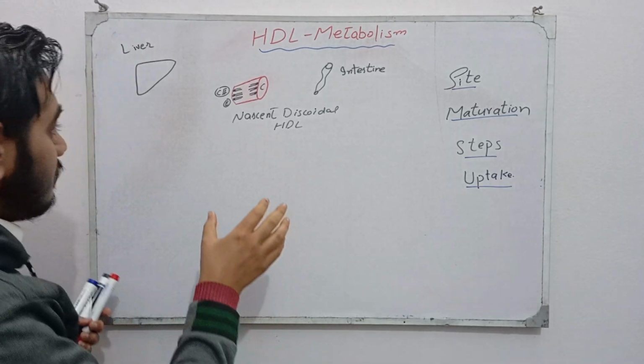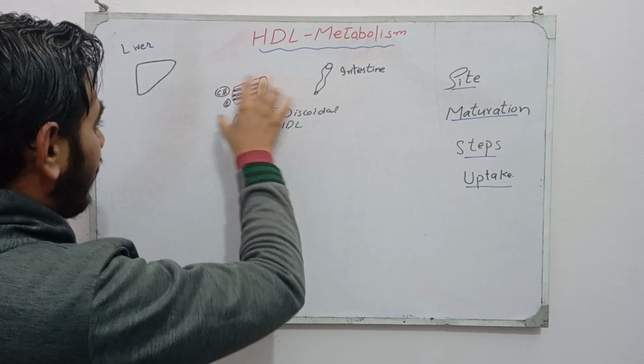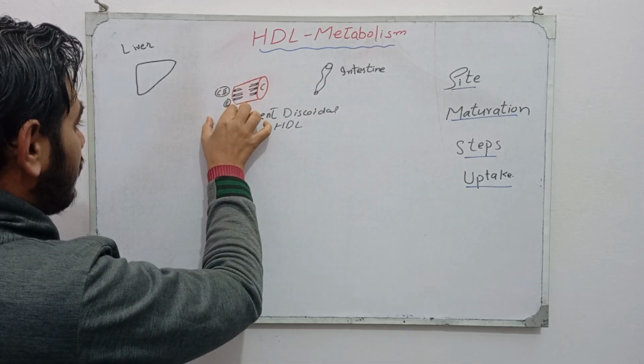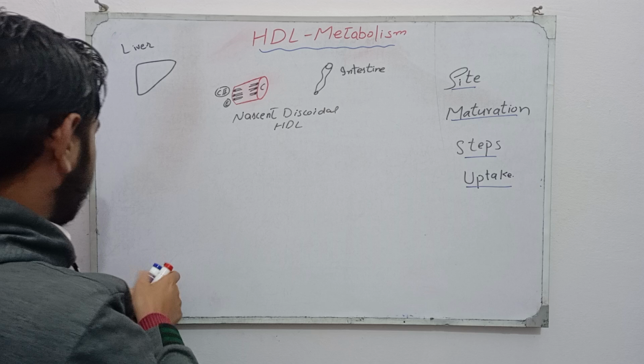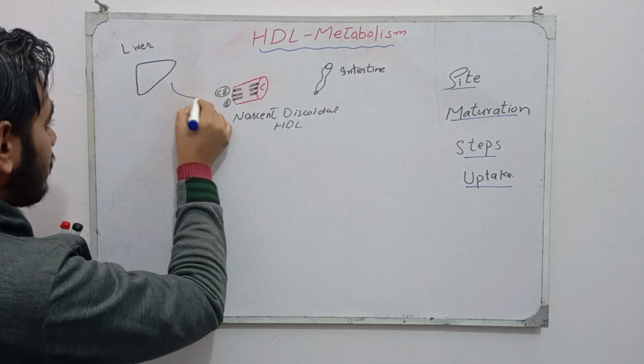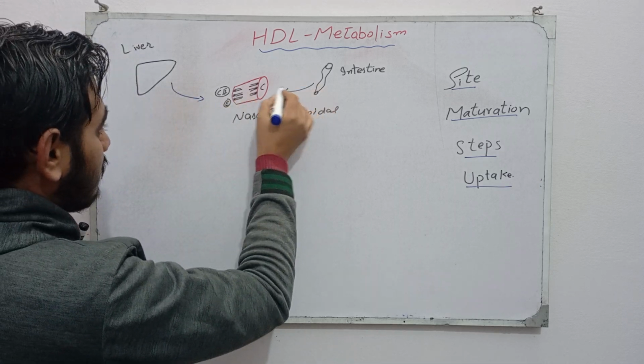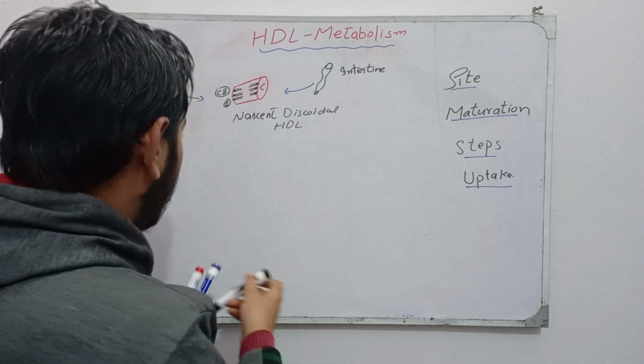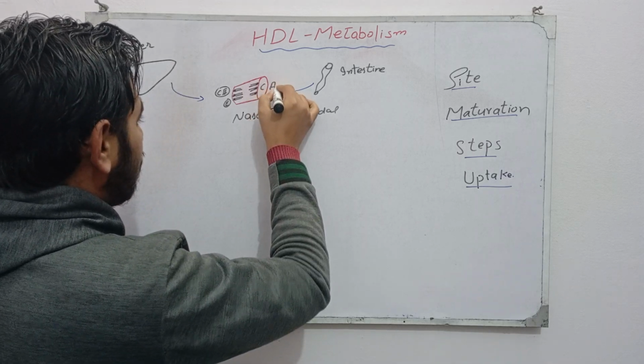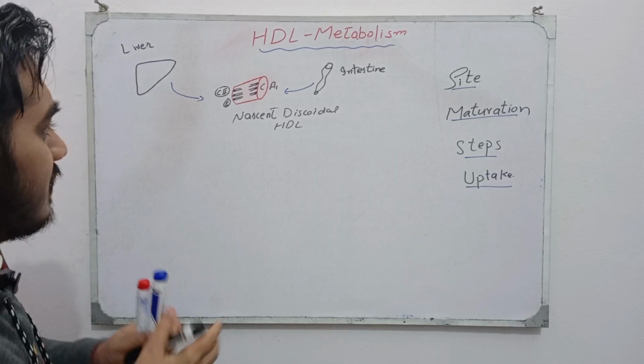Students, intestine acquires ApoC2 protein and ApoE protein from the liver. Here is also ApoA protein. Friends, I will repeat it again.